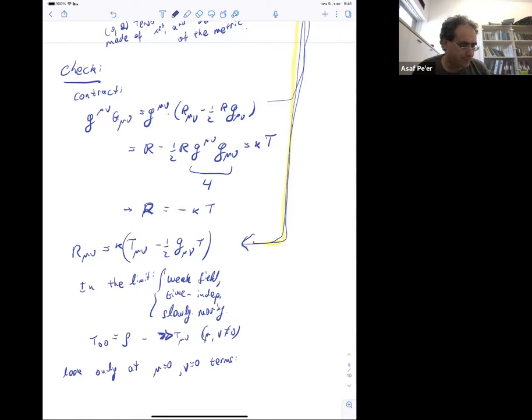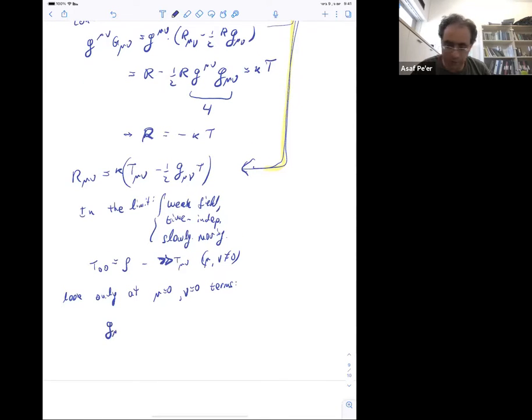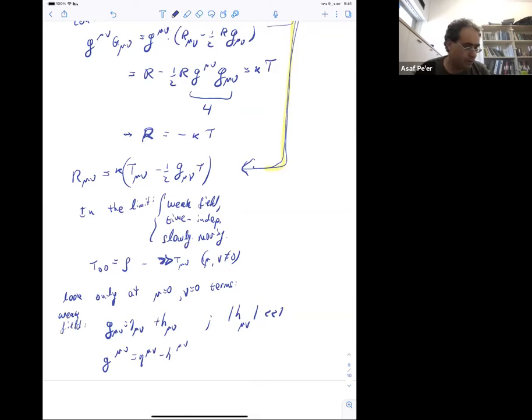And now in the weak field limit, remember we discussed that we had G mu nu is eta mu nu plus H mu nu, where H in absolute magnitude is much less than unity. Right? And then G with upper indices is eta with upper indices minus H with upper indices, which of course follows from Taylor expansion.